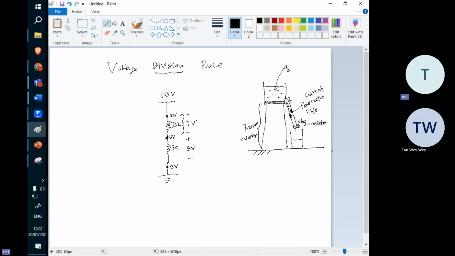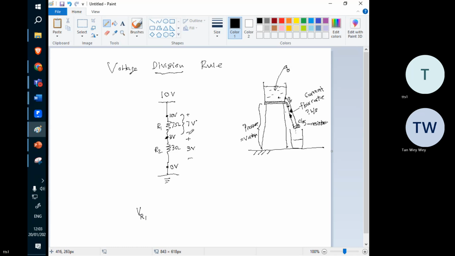So the voltage division rule says that the 10 volt is shared by these two resistances, 7 plus 3, in proportion. Okay, so there's a formula actually. Let's say this is R1 and R2.